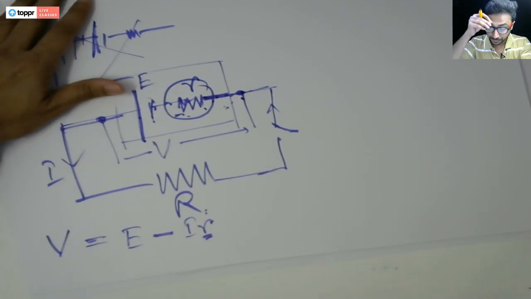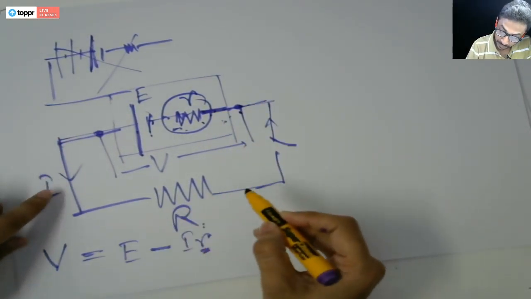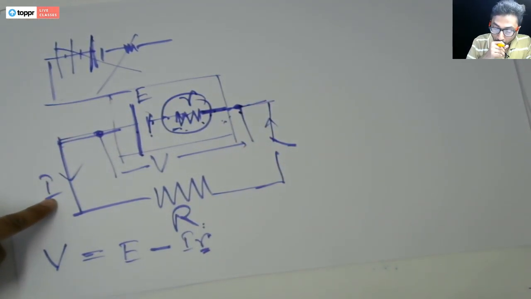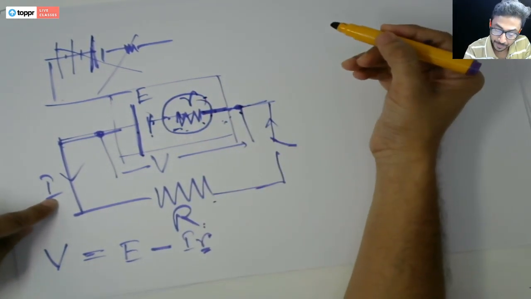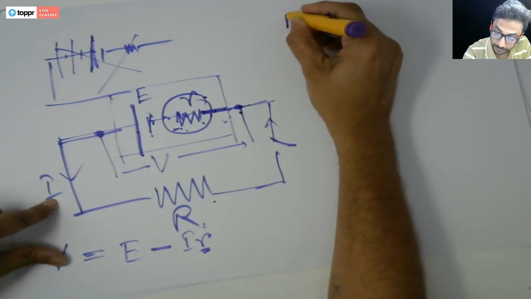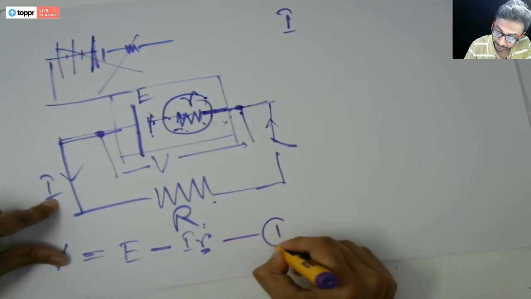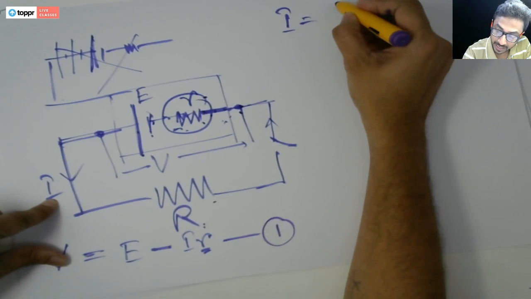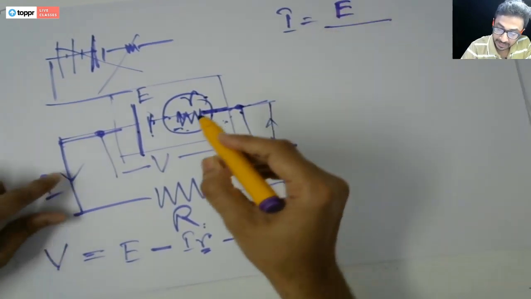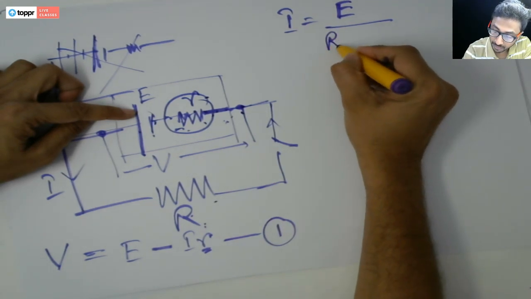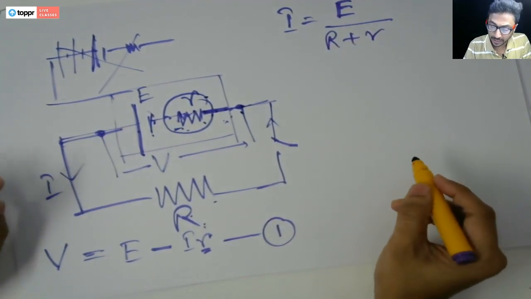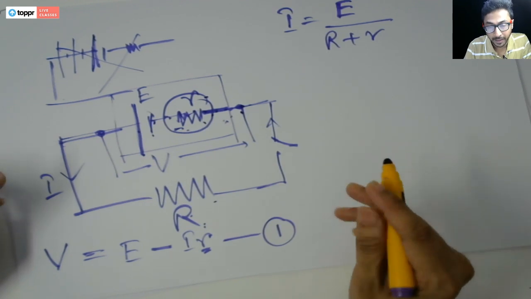And if we try to find out current in terms of internal resistance as well as the external resistance, we can also do that. I can be written with small r and capital R: I equals E by R plus r.